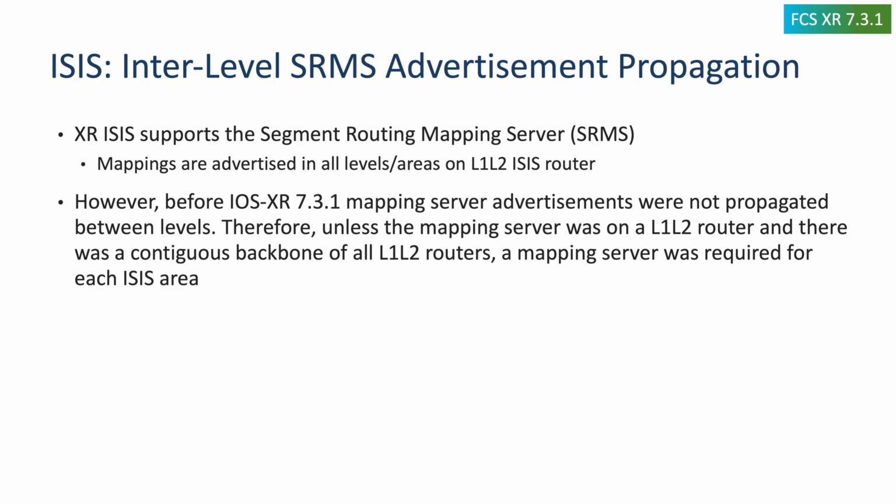ISIS implementation supports the SRMS function since day 1, and these mappings were advertised in all levels or areas on an L1, L2 ISIS router. Before 7.3.1, these advertisements were not propagated between levels. Therefore, unless the mapping server was sitting on an L1, L2 router and you had a contiguous backbone of L1 and L2 routers, a mapping server used to be required for each ISIS area.